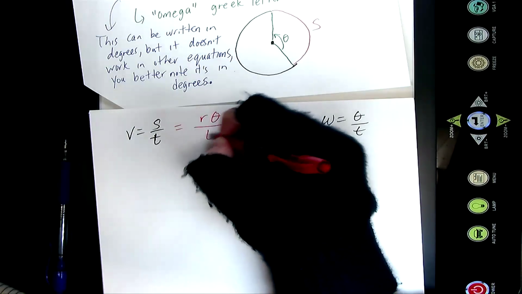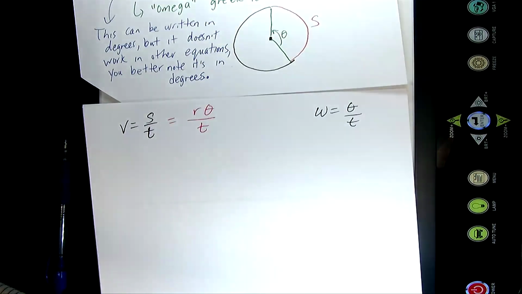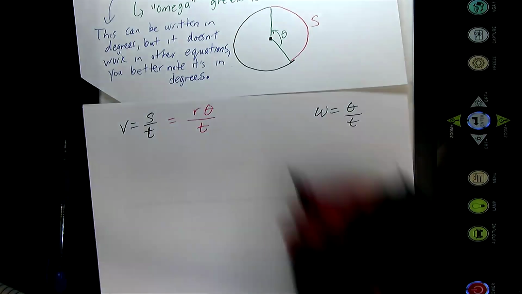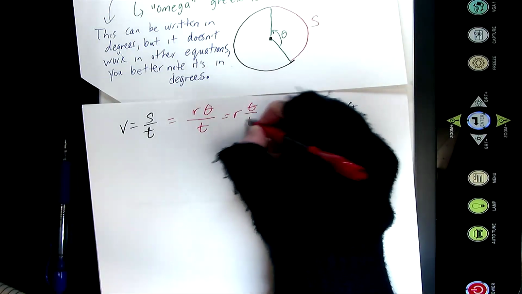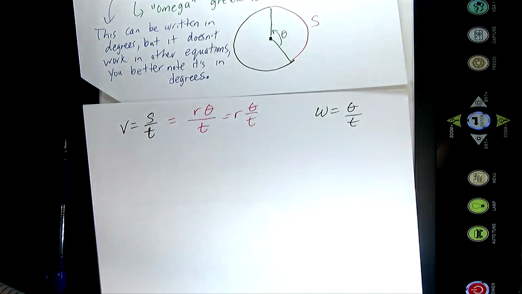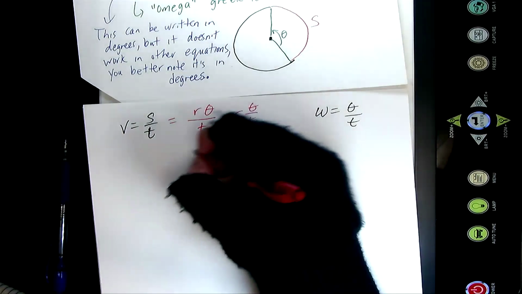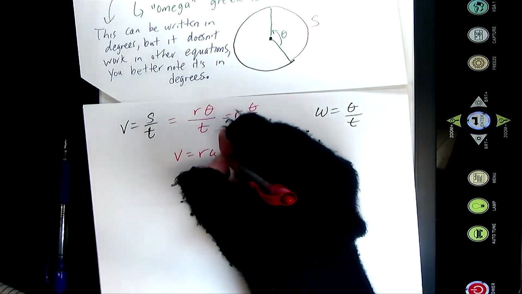I like it, let's do that. It's there. And you may not recognize it because the R is on top here. This is the same thing as R times theta over T. V equals R omega.